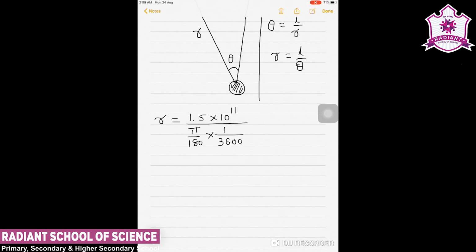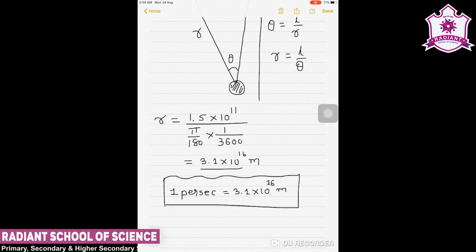Now when we apply it, we find it to be 3.1 into 10 raised to 16 meter. So here we simply say that 1 parsec in meters is equal to 3.1 into 10 raised to 16 meter. So this is your example number 19, and it is also a very important one.